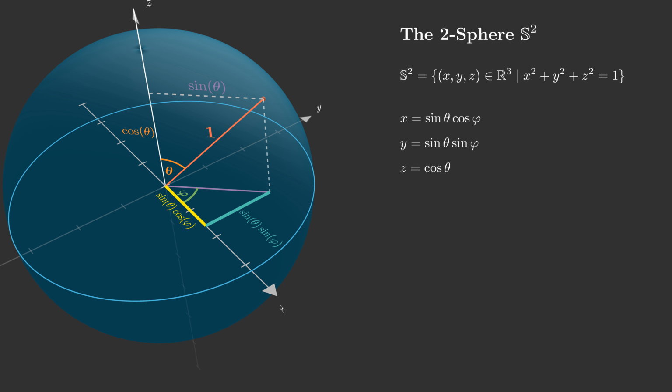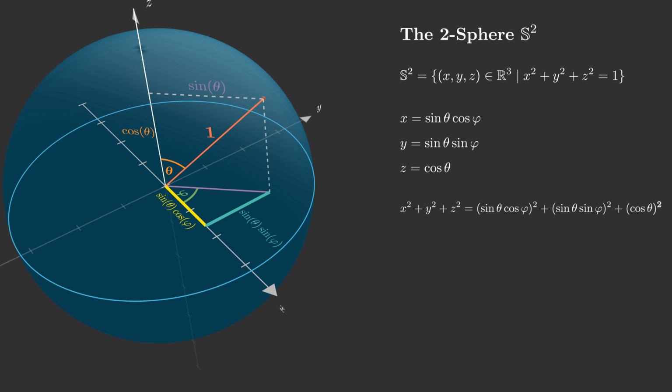Plugging in the parameterization of those coordinates, we obtain x squared plus y squared plus z squared equals (sine of theta cosine of phi) squared plus (sine of theta sine of phi) squared plus cosine of theta squared.